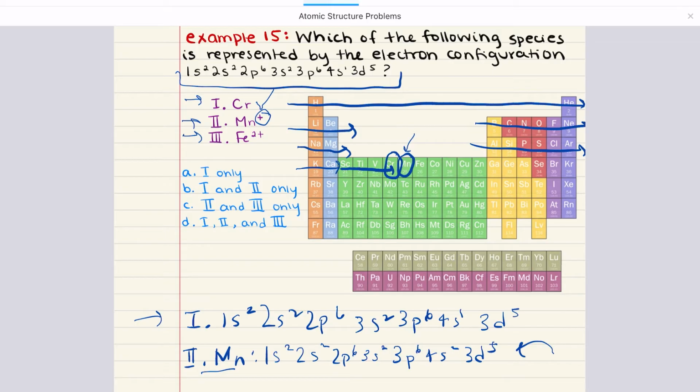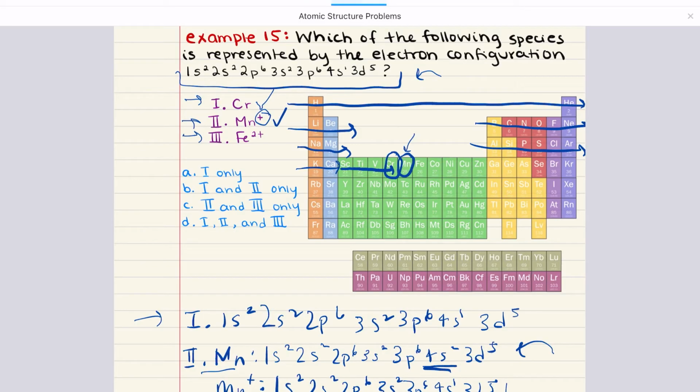And so manganese plus has an electron configuration of 1s2, 2s2, 2p6, 3s2, 3p6, 4s1, 3d5. This also matches with the electron configuration that's provided in the question stem. So statement 2 is also correct.